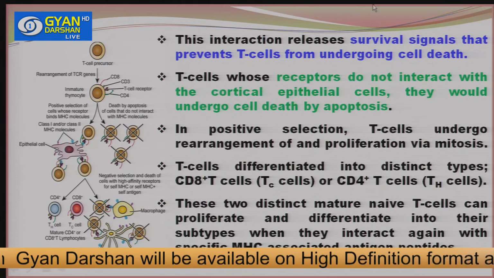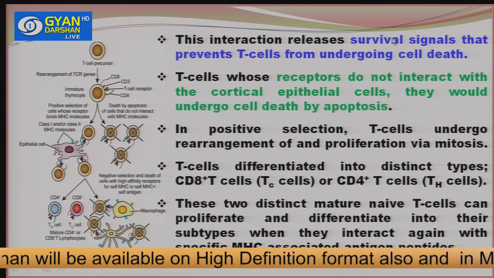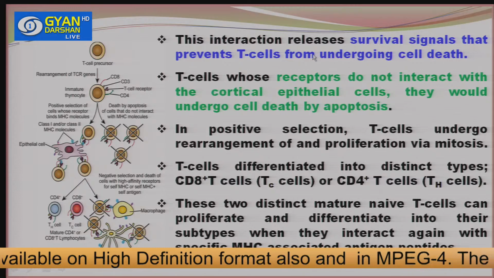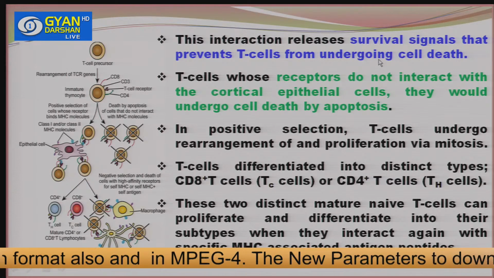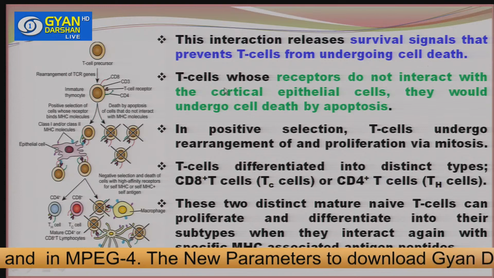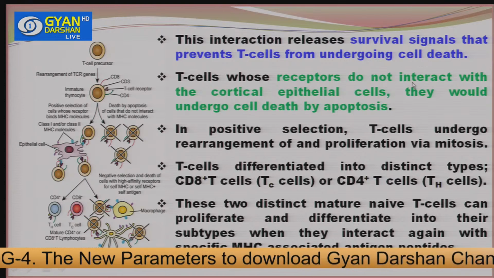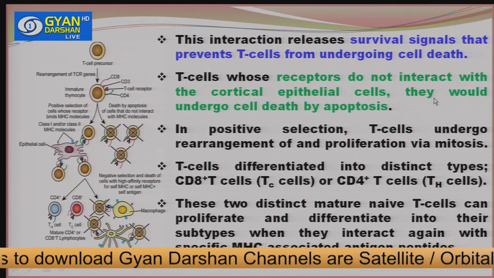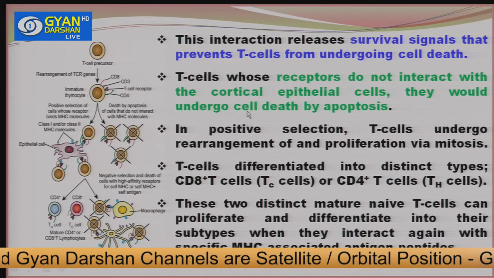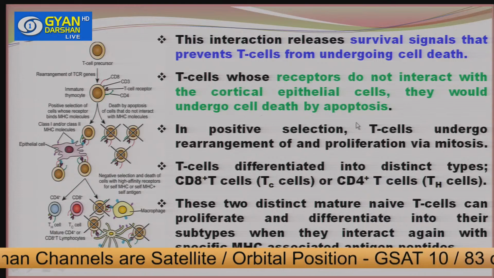This interaction releases survival signals that prevent the T cell from undergoing cell death, and T cells whose receptor does not interact with the cortical epithelial cell undergo cell death by apoptosis.